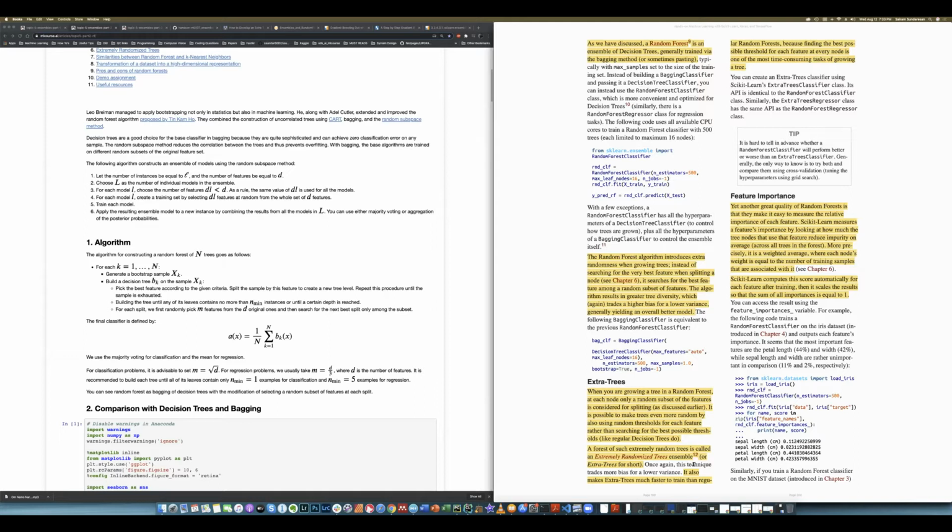So it says at the end of the second paragraph of extra trees that finding the best possible threshold for each feature at every node is one of the most time-consuming tasks. Correct. So if you are anyway using your compute to calculate the best possible threshold and then just randomly choosing a threshold. No, you're not doing that.